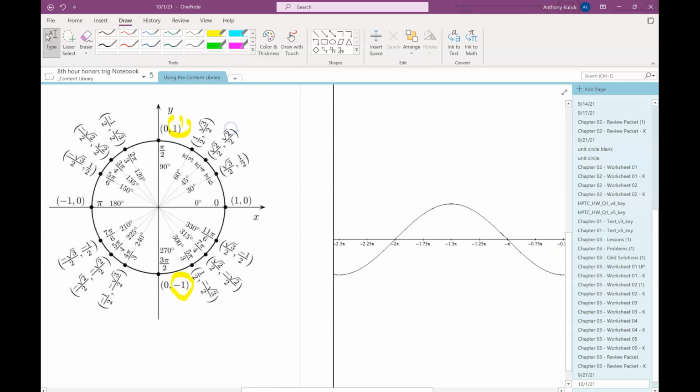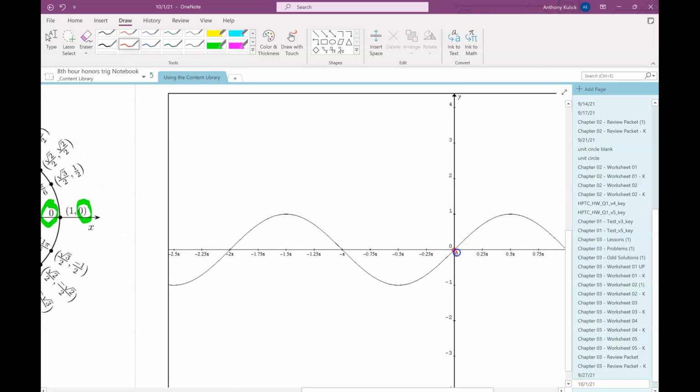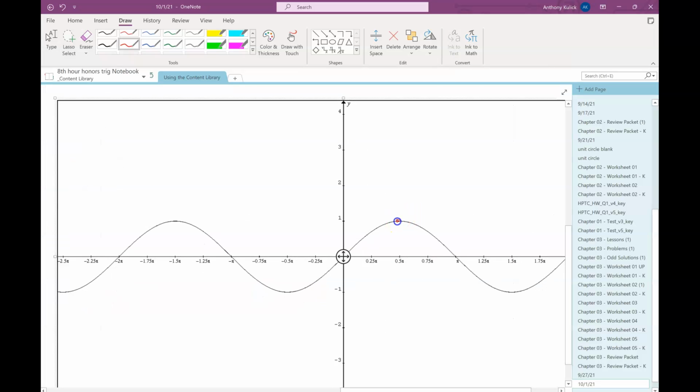So for example, 0 radians would output 0 for my value of sine. So the point (0, 0) would be a point on my graph of sine. Similarly, pi/2 is my input. 1 would be my output. So (pi/2, 1) would be a point on my graph.